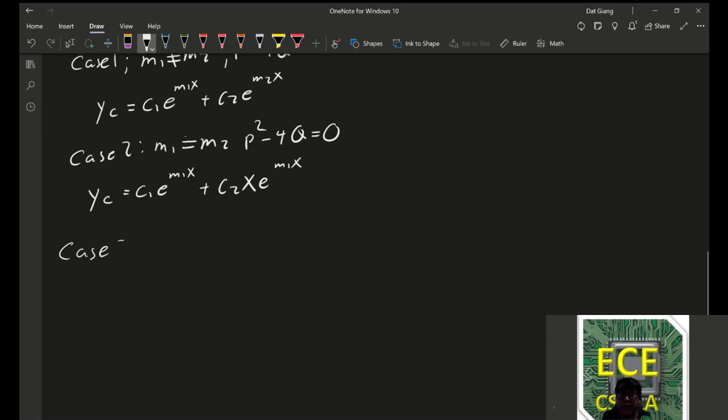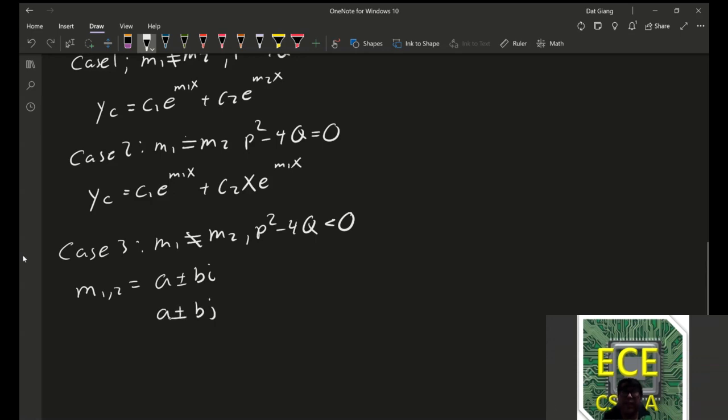Then case 3. Suppose then again that m1 is not equal to m2, but that the solution based on the discriminant is imaginary. So we get some kind of form that is a complex conjugate. We get a plus or minus bi, or for fellow engineers, a plus or minus bj.